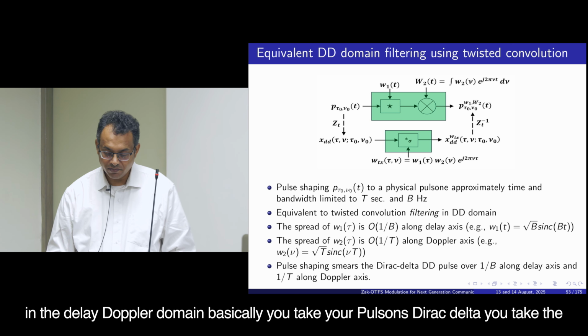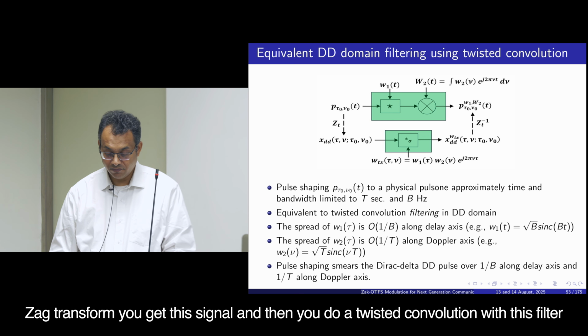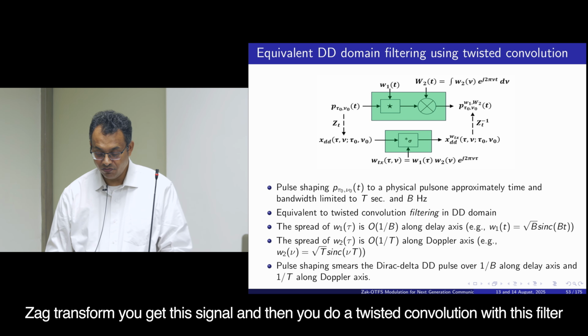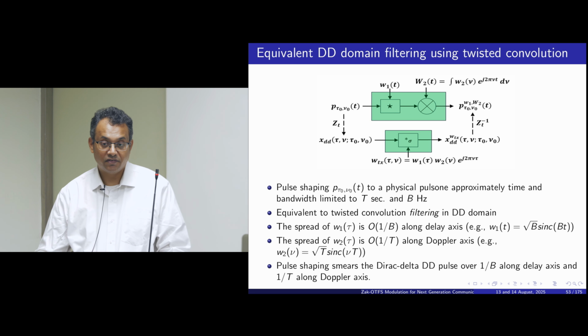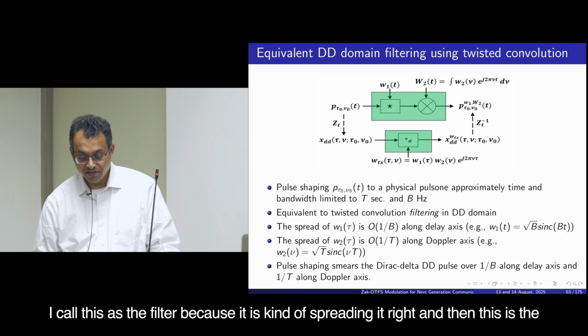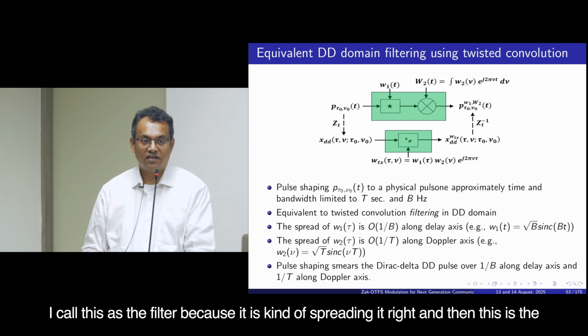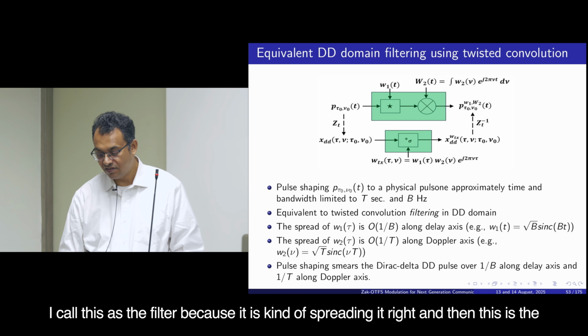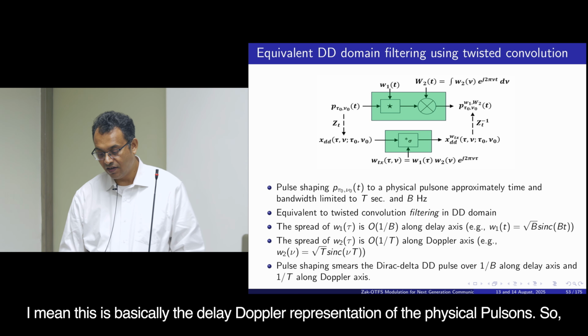Basically you take your pulse-on Dirac delta, you take the Zak transform, you get this signal and then you do a two-state convolution with this filter. I call this the filter because it is kind of spreading it, right. And then this is basically the delay Doppler representation of the physical pulse-on.